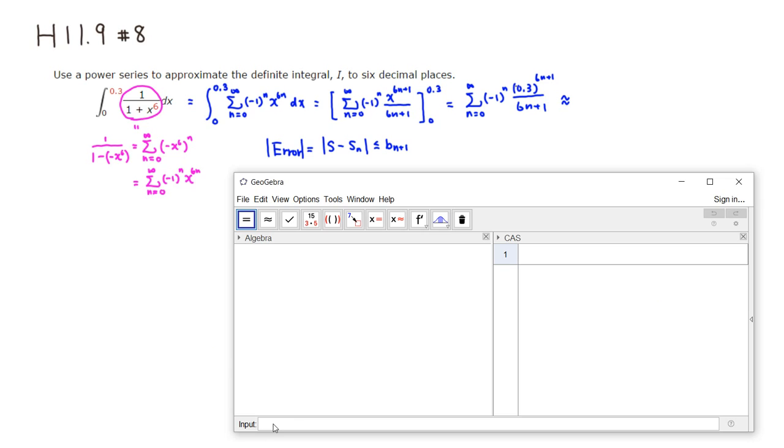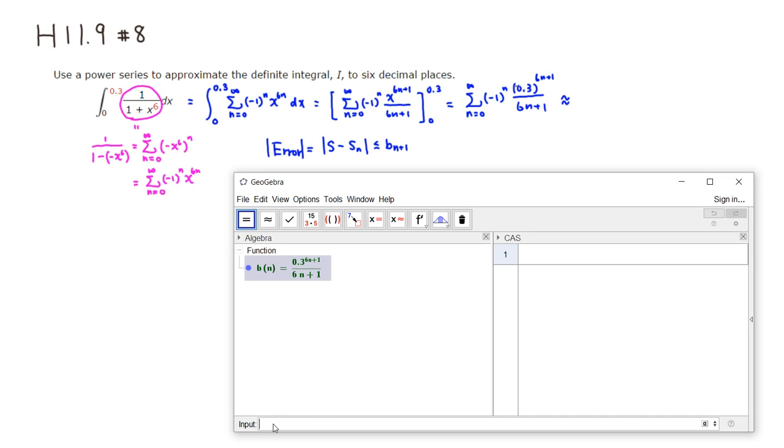Open up GeoGebra and I'm going to define b of n. This is basically b_n, so b_n is going to be 0.3 raised to the 6n plus 1, divided by 6n plus 1. Hit enter, so we have a function there.